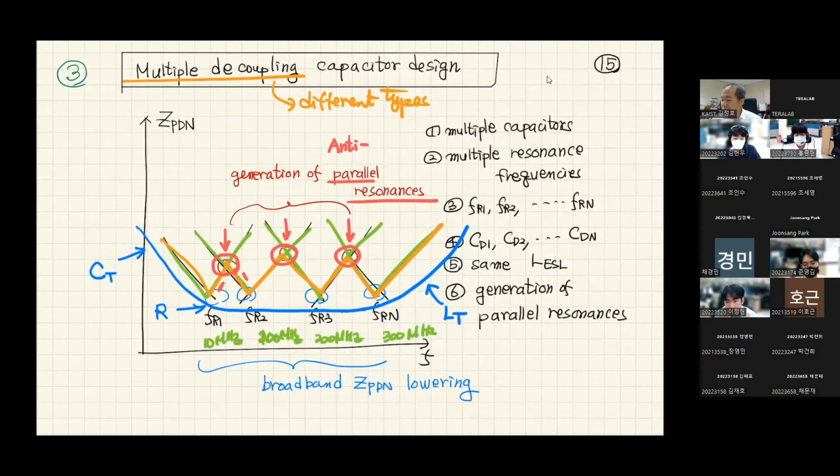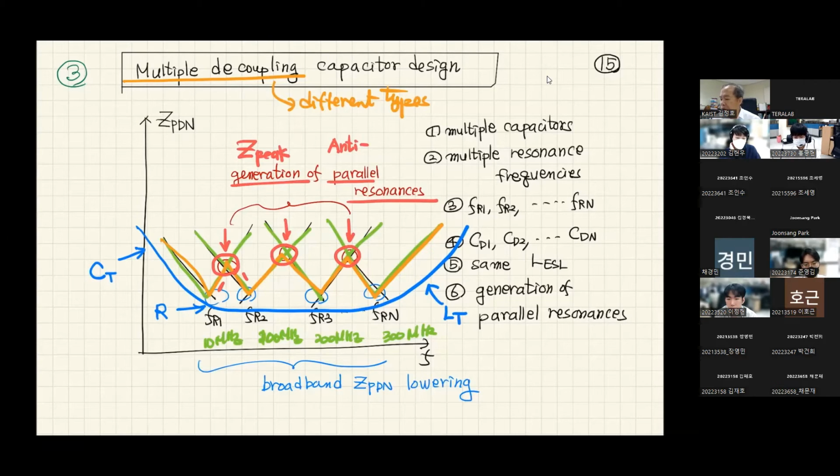Because of this, we're gonna generate a high impedance peak. That is the cost of having these multiple decoupling capacitor designs. Because of this anti-resonance, if your current spectrum has a certain frequency element very close to this anti-resonance frequency, it is going to generate a huge amount of EMI and power supply induced jitter.